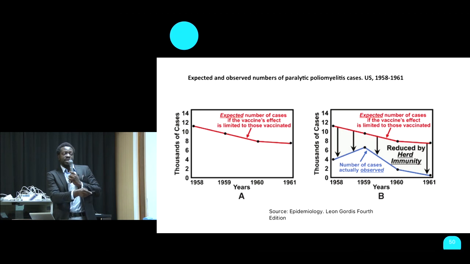We will have this number of reported cases. But in reality, the number of reported cases was much lower here. So this means that some of the people in the community who didn't receive the vaccines were nevertheless protected by herd immunity. So herd immunity is a very, very important concept.